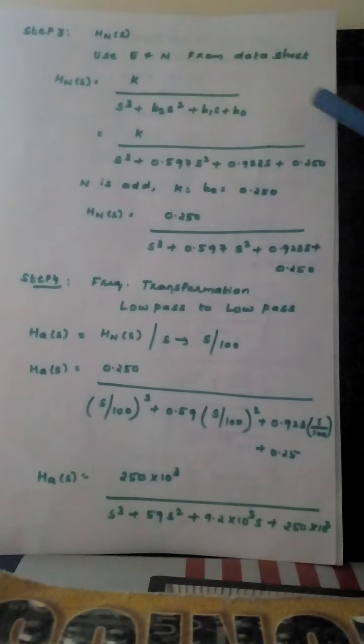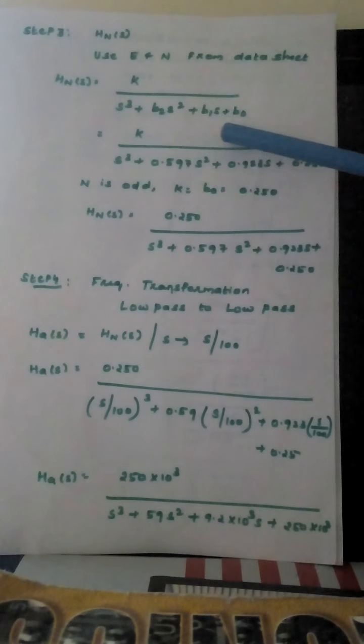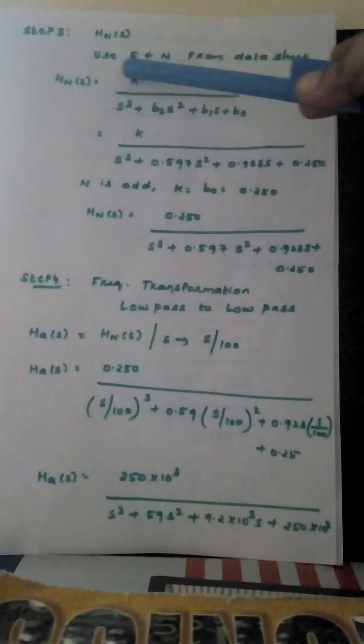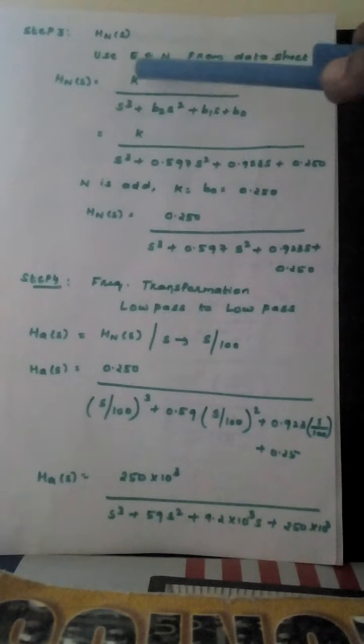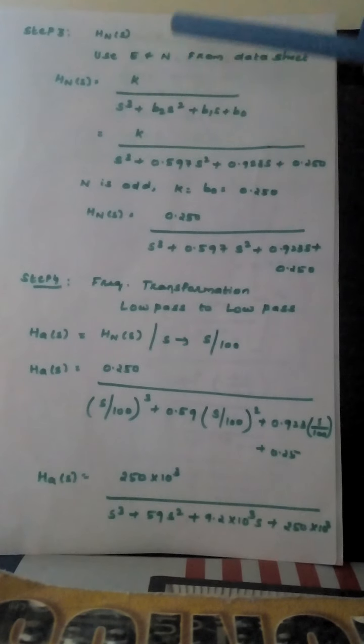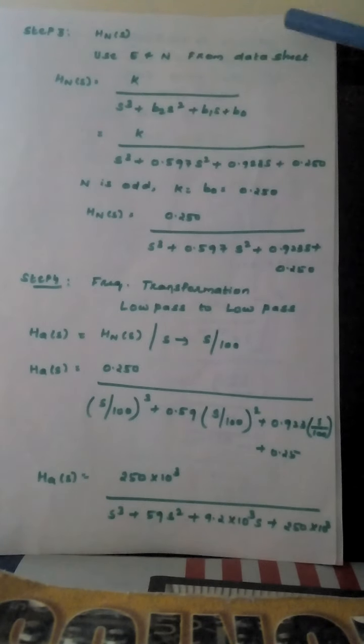For writing the transfer function, we have to consider both the epsilon value and the n value. We have already posted our data sheet. Go to the third page. There you will get two columns. Go to the second column, where you get the epsilon value of 0.997, which we already obtained. In the first column the epsilon value would have been 0.764, but you need not go there.